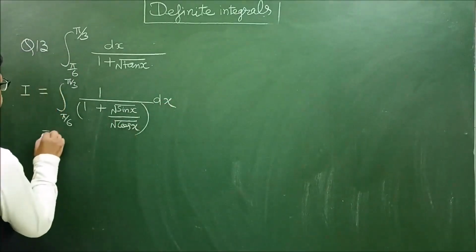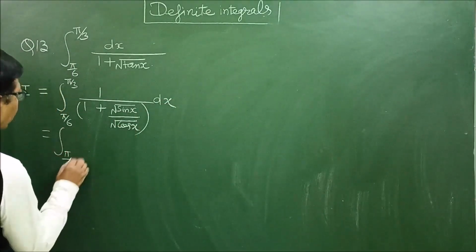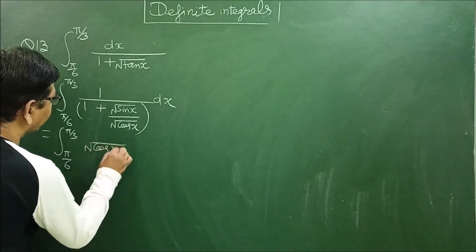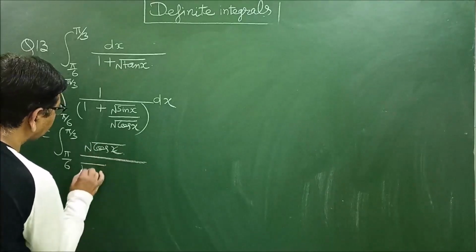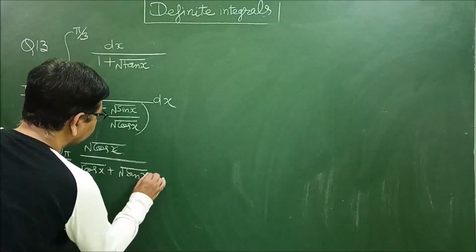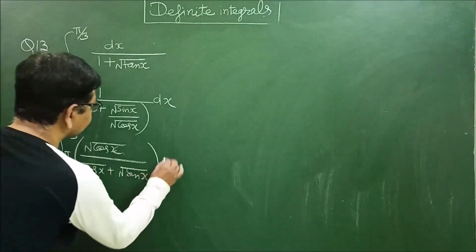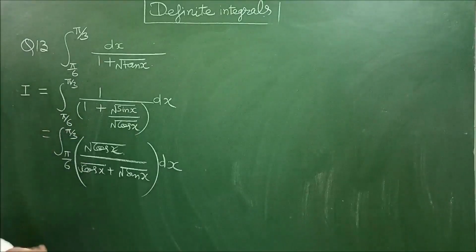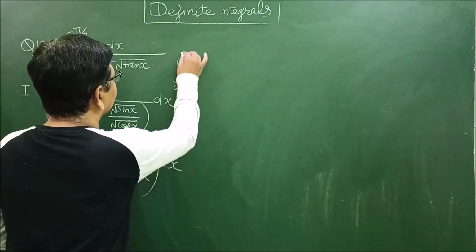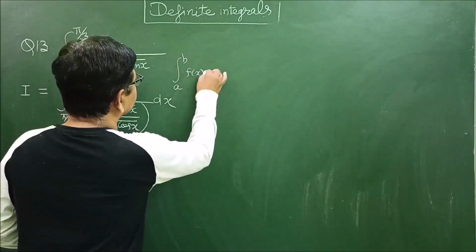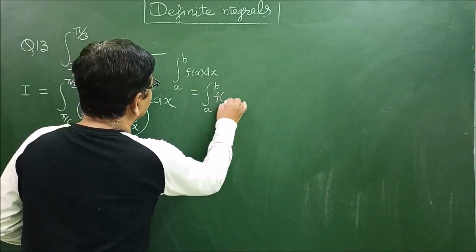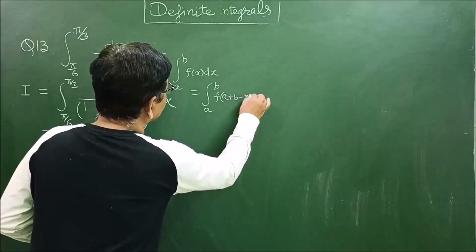So this is equal to the integral from pi by 6 to pi by 3 of root cos x upon root cos x plus root sin x. Now the sum of pi by 6 and pi by 3 is pi by 2. So now let us recall the property: integral a to b f(x) dx is equal to integral a to b f(a plus b minus x) dx.